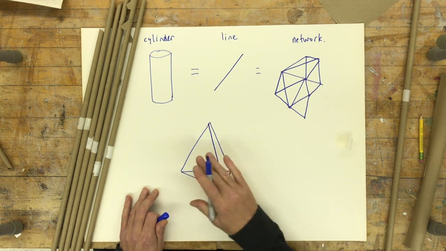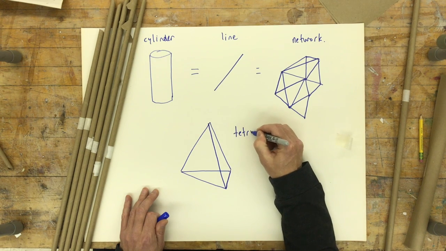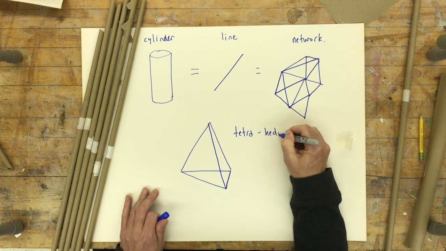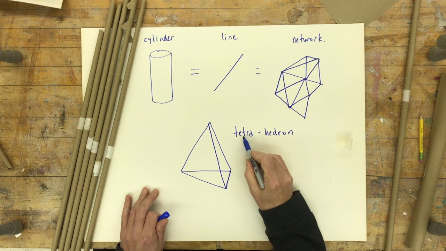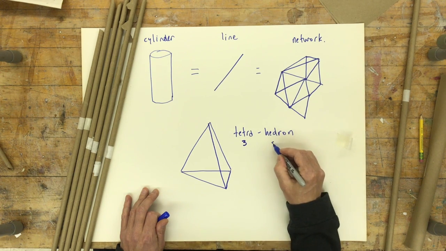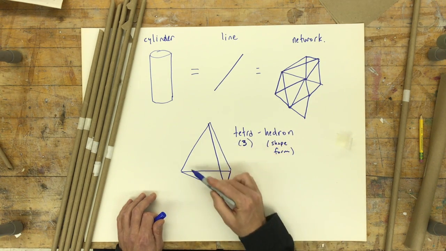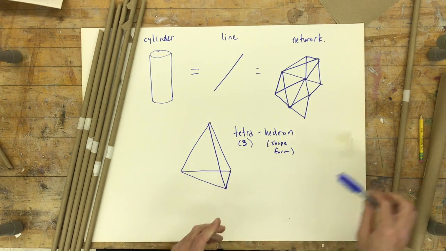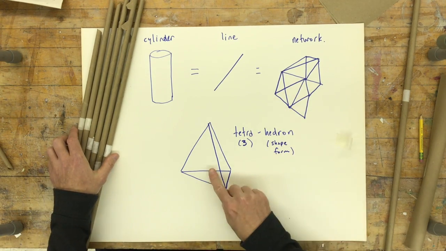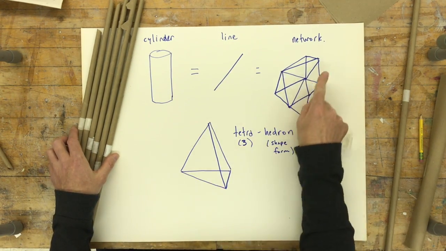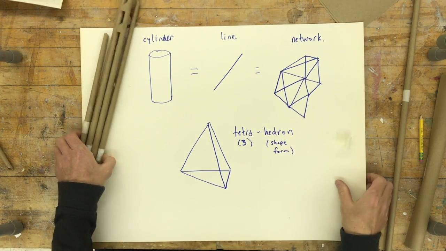So a tetrahedron basically means a three-sided shape or form. So this is the shape that we're going to be making just as an example to help get you started to go from here to something more complex.